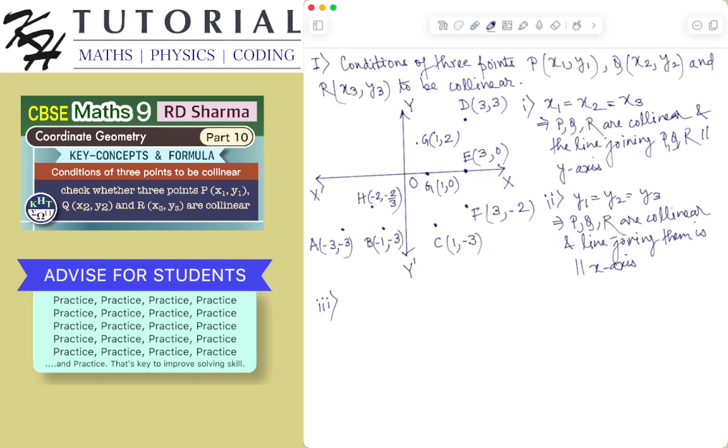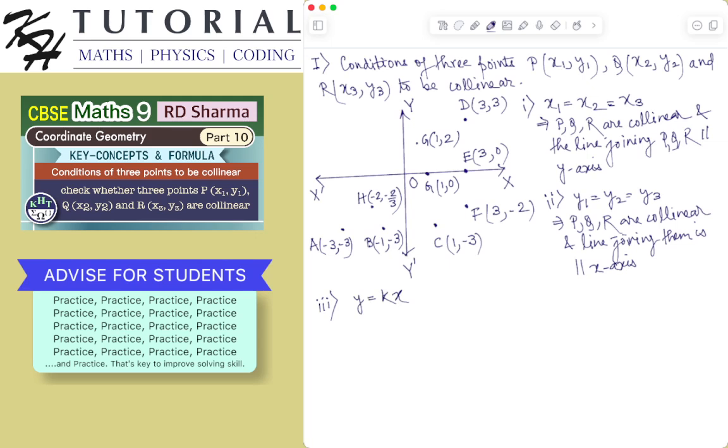So they could lie on a line which passes through the origin, that is the point having coordinates 0, 0, but that line is not the y-axis nor the x-axis. So the equation of that line is of the form y equals kx, which I discussed in the previous video.